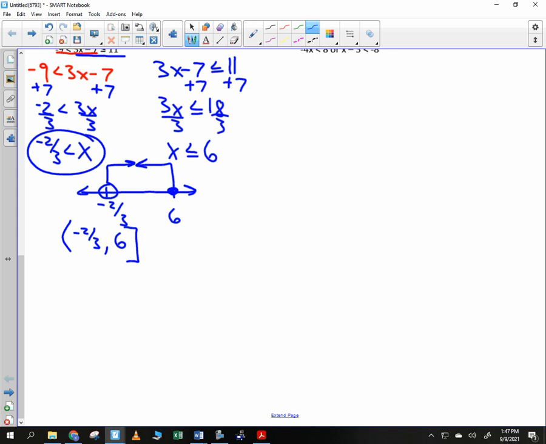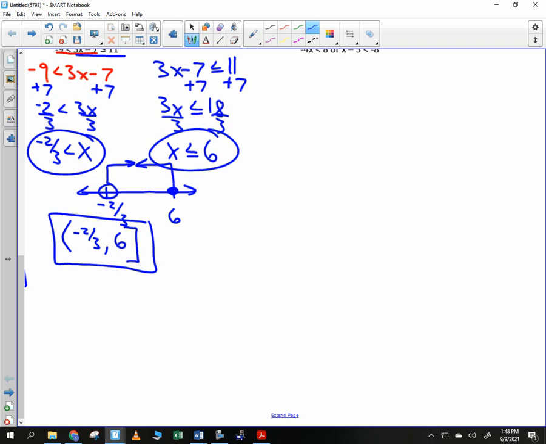Don't always make it just about looking at the sign. Understand the statement. This is saying numbers that are less than 6. Which numbers are less than 6? The numbers over here. Again, I will ask you to write the answer in interval notation. That way we avoid any confusion regarding the inequalities.